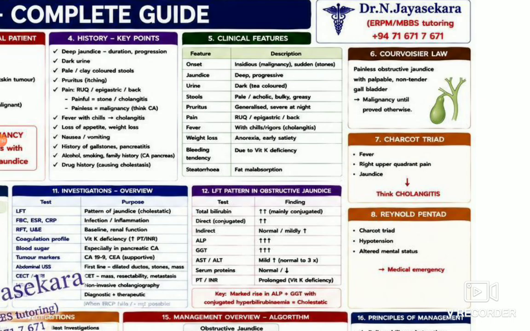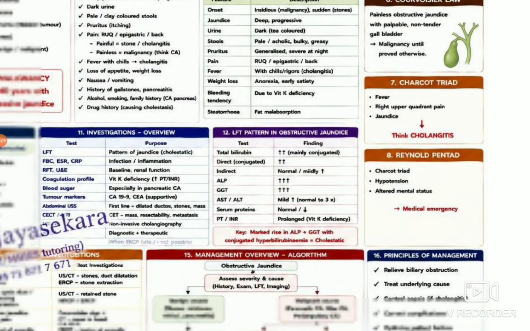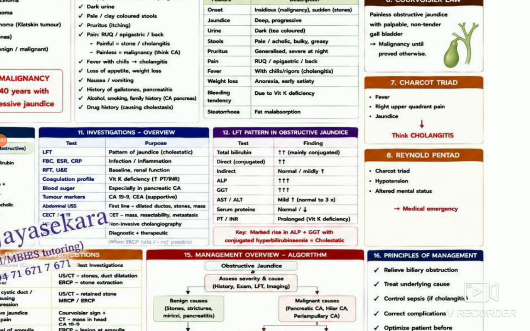Then the Charcot triad and the Reynolds pentad. This is a very high yield exam area. Charcot triad: when bile becomes stagnant, bacteria can ascend from the intestine into the biliary tree. This causes ascending cholangitis. The patient develops fever, right upper quadrant pain, and jaundice.